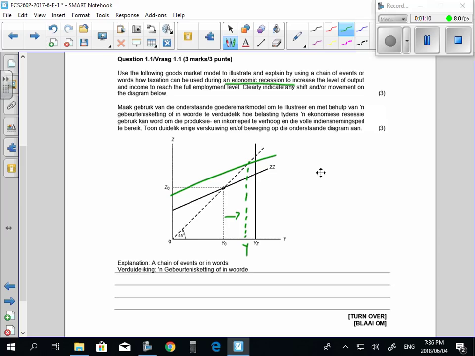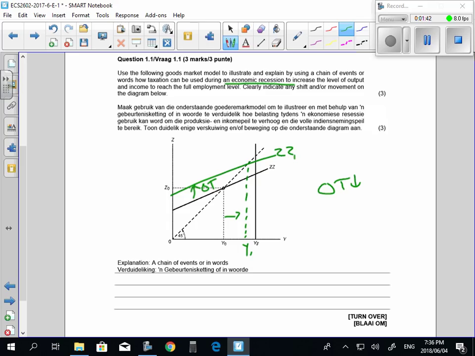So in this case, we've got a decrease in the change in taxation, and therefore your demand for goods increases. Rather put an increase here and just say taxes have decreased.